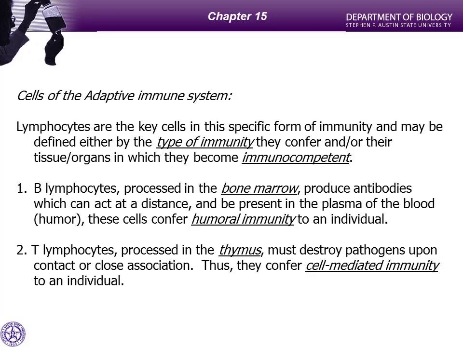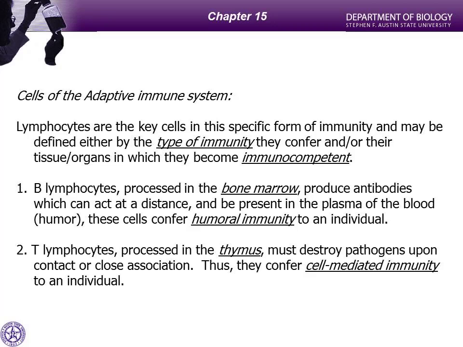And our two types are the B and the T. B lymphocytes become immunocompetent in the bone marrow, hence the B. And it's these cells that will, when exposed to antigen via receptors, begin to divide, and they're going to produce cells called plasma cells that are antibody factories. And these antibodies are going to bind to one specific antigen. Each plasma cell is going to produce its own set of antibodies.